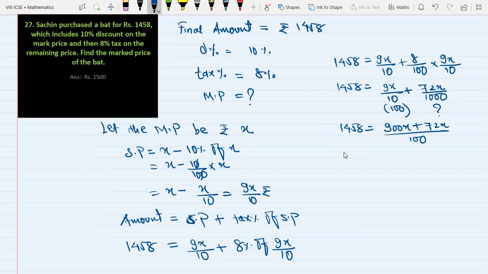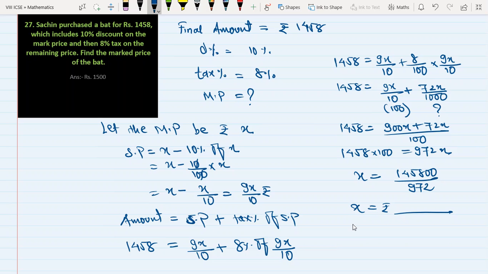Let's simplify this. 1458 multiplied by 1000 is equal to 972X. So X is equal to 145,800 divided by 972. So X is equal to, let's get our mark price. We are just one step away. No mistakes here, no silly mistakes, no calculation mistakes.